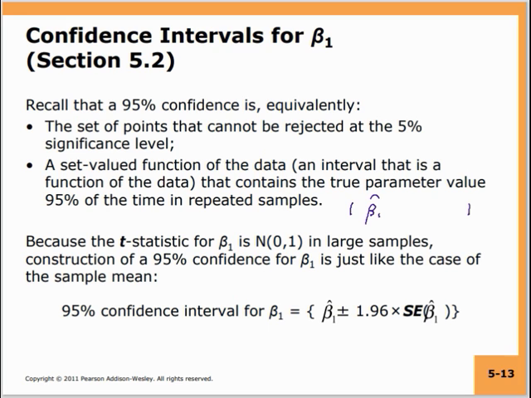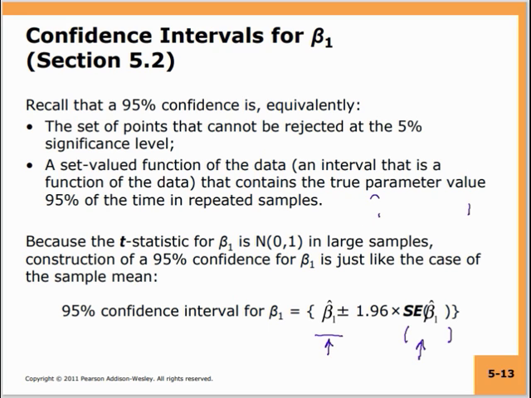So this confidence interval is given by the estimated beta 1 hat plus minus 1.96 multiplied by the standard error of beta 1 hat. So the estimated beta 1 hat and the standard error of the beta 1 hat you also know, which your software has given you.